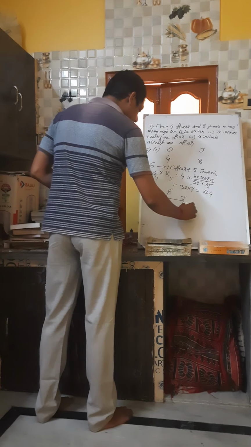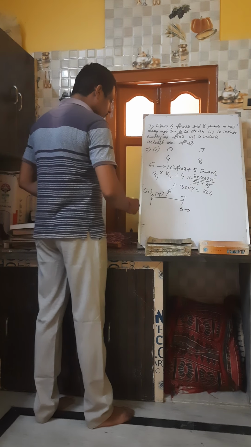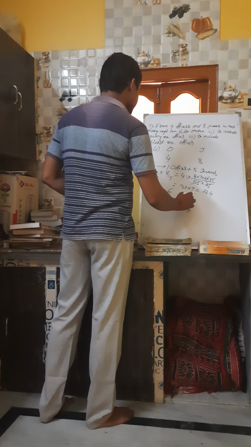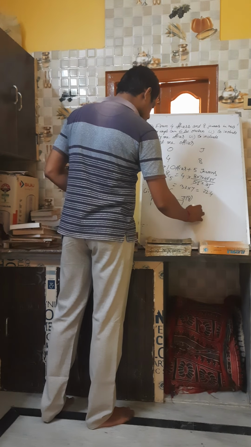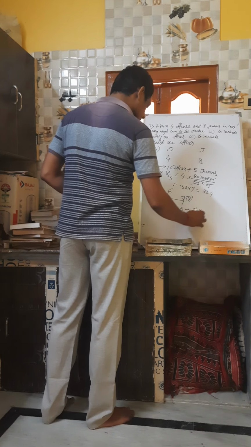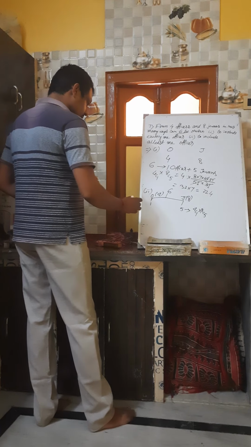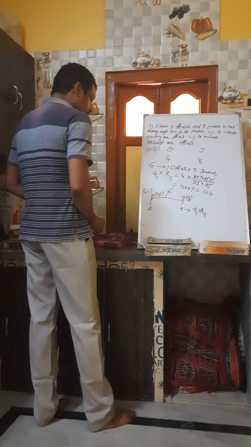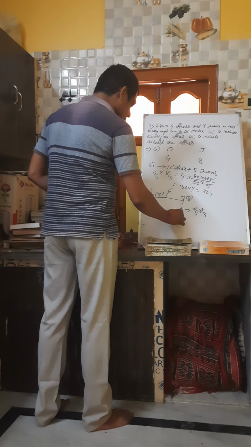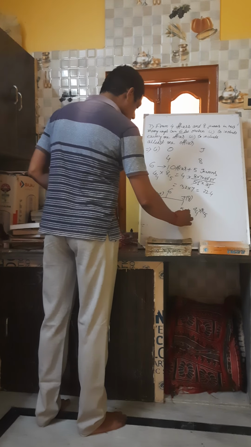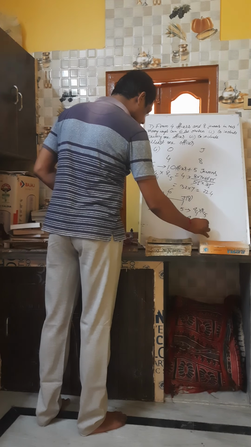Now the selection of 1 officer: how many officers are there? 4 officers. How many jawans are there? 8 jawans. So 4C1 into 8C5. Then it can be 2 officers. When 2 officers are there, there will be 4 jawans. So 4C2 into 8C4.